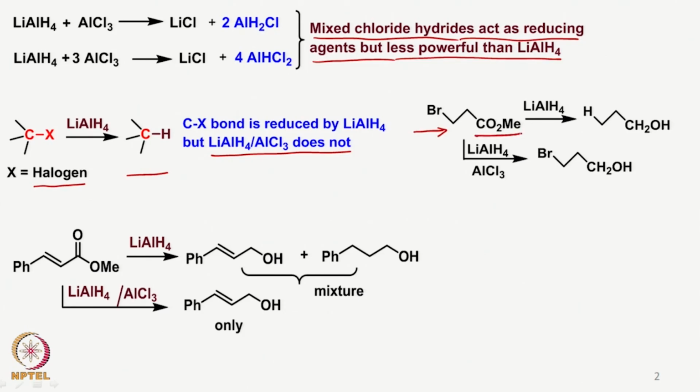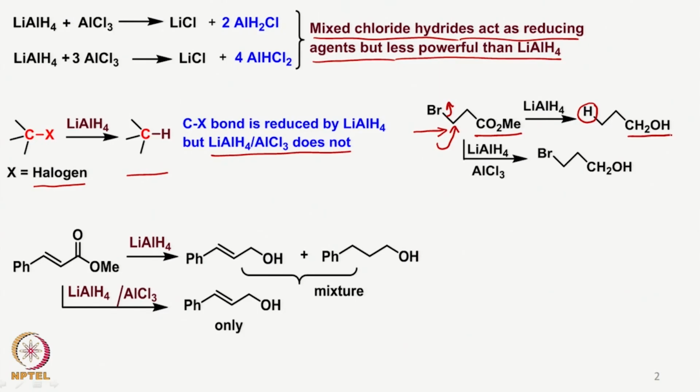Here if we do the lithium aluminum hydride reduction, then lithium aluminum hydride reduces this carbon bromine bond, introduces this hydrogen here, and at the same time the ester is reduced to the corresponding CH2OH.